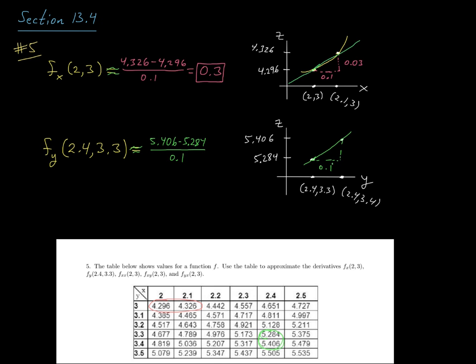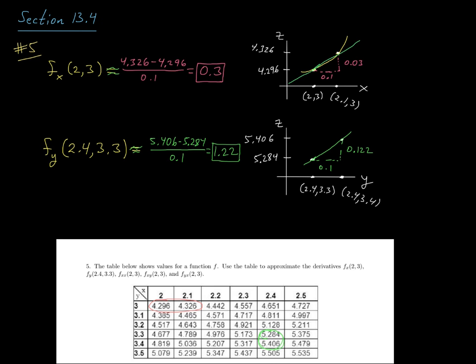This vertical change happens to be 0.122. Dividing that by 0.1, we get 1.22. This would be our approximation to the y derivative of our function evaluated at (2.4, 3.3).